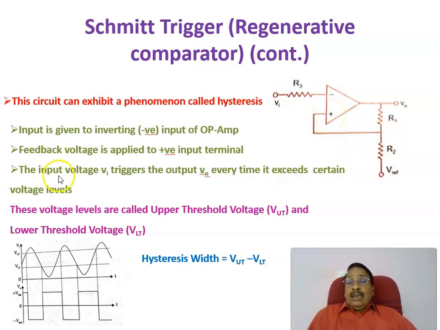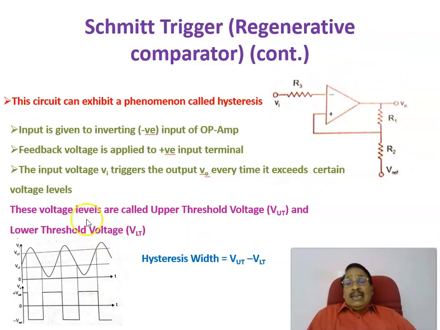The input voltage Vi triggers the output V0 every time it exceeds a certain voltage level. Once the voltage exceeds that level, the output will translate from plus Vsat to minus Vsat.